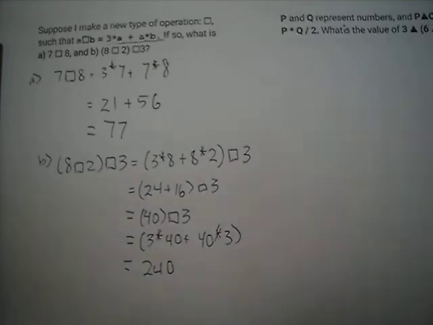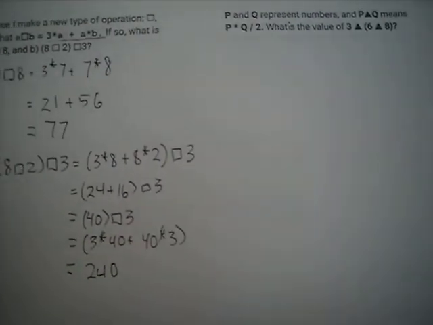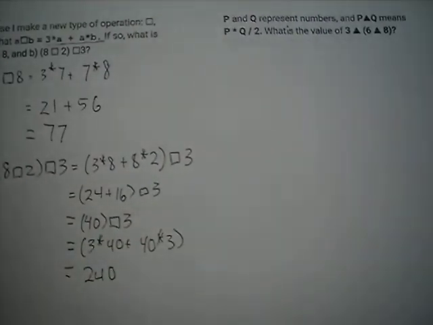Now we're going to move on to question number 2, which is just a slight bit more complicated. P and Q represent numbers, and P triangle Q means P times Q divided by 2. What is the value of 3 triangle 6 triangle 8 in parentheses?